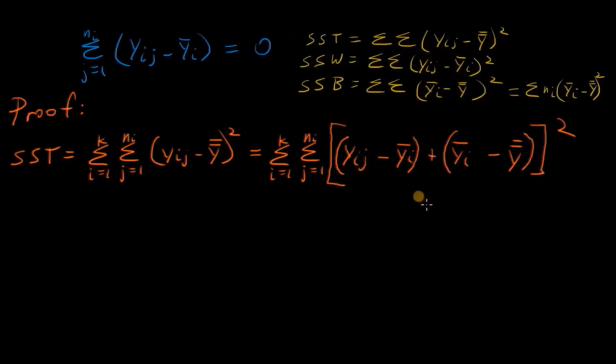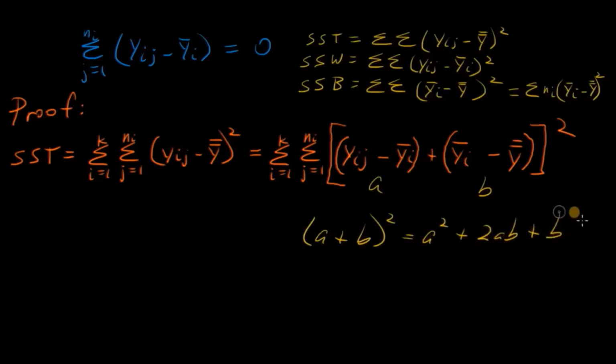And now we're just going to FOIL this. Think of this parenthesis as one thing, and this parenthesis as another thing. This parenthesis is A and this parenthesis is B, and we're squaring that. So if you had A plus B squared, and you FOILed A plus B times A plus B, you would get A squared plus 2AB plus B squared. And so that's what we're going to end up doing with this. We're just going to square this whole thing.